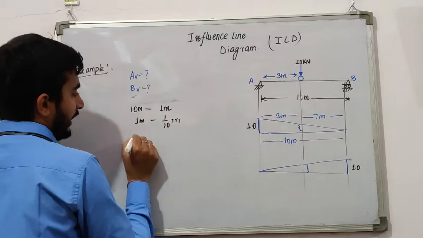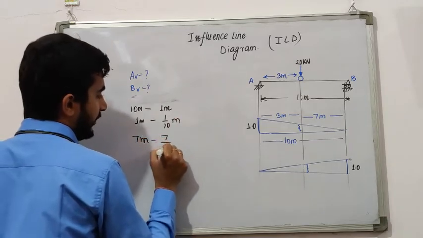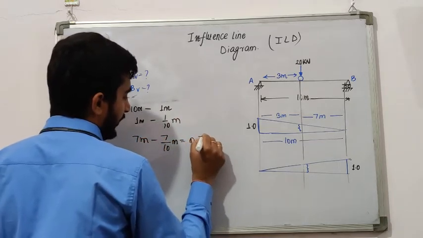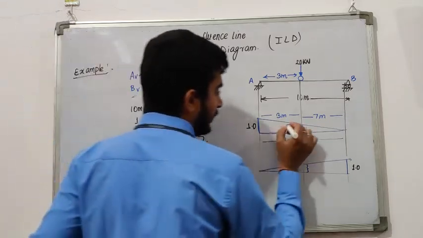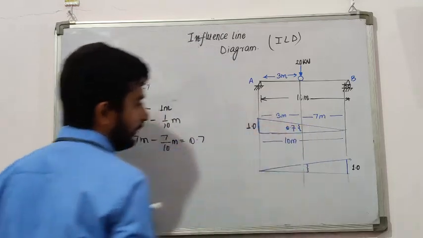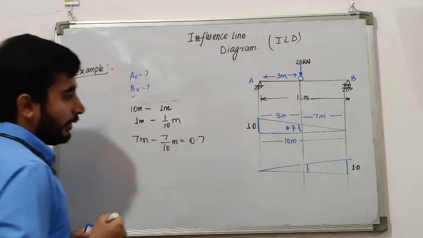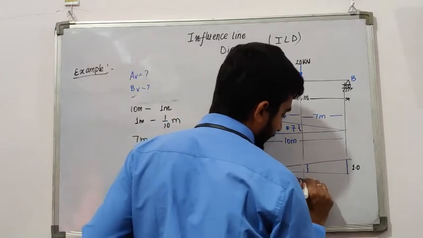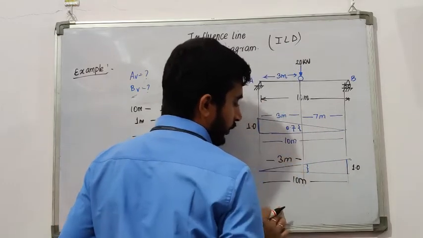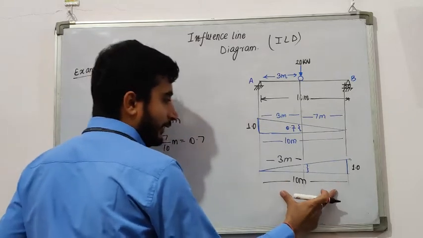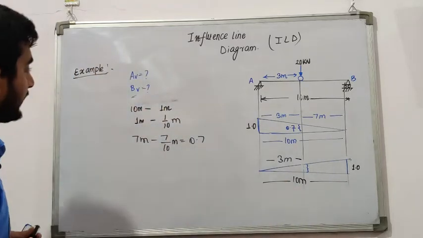So when I move 7 meter in the triangle, I have 7 by 10 meter of rise, which is equal to 0.7. Fine. So this value has to be 0.7. Now this is the 10 meter. Again, let's get back to this basic problem. This is 3 meter. When this is 10 meter, I am doing the same analysis again.